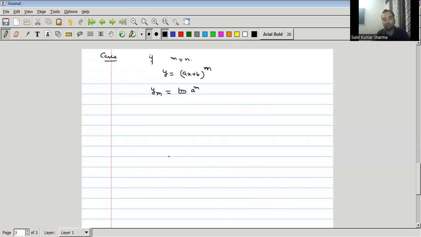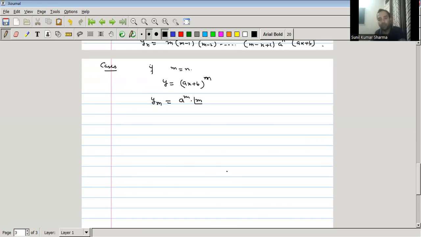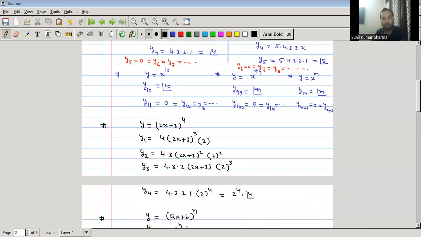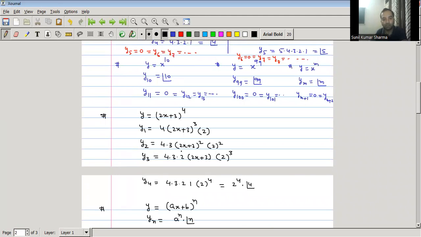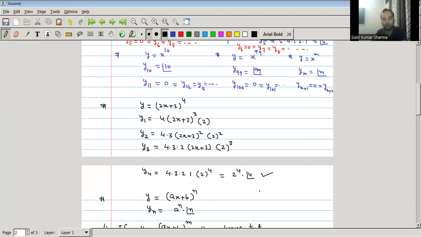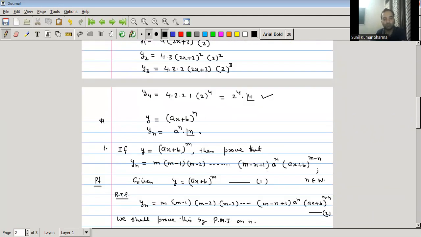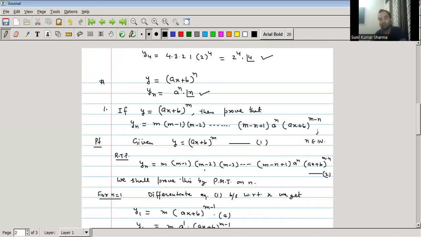This is the answer. Or we can write this as a to the power m into m factorial, as we have discussed earlier. This is yn, so in place of n, if we take m, then ym is a to the power m into m factorial. Okay, so this is one case.